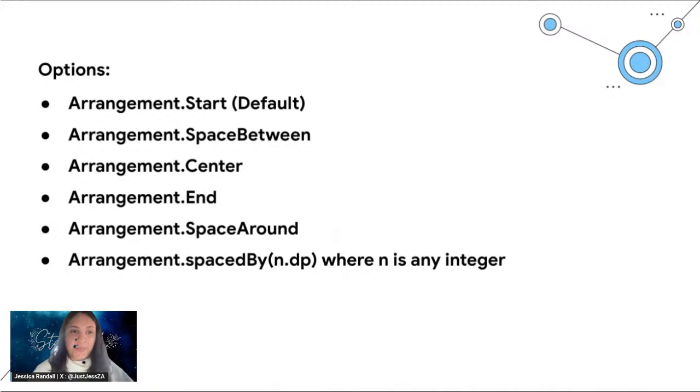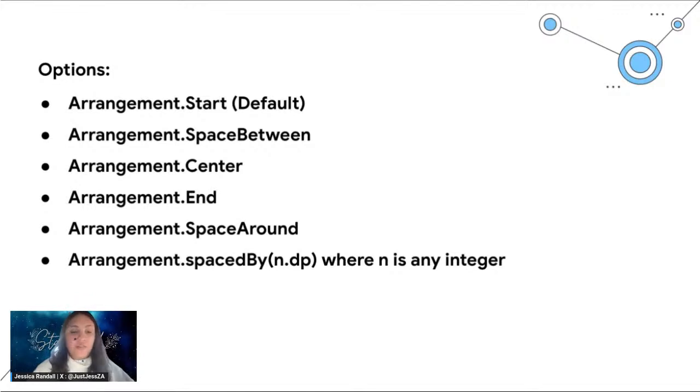So we're going to look at some examples for these different options. You have options like arrangement dot start. If you don't define an arrangement, then the default is the start position.